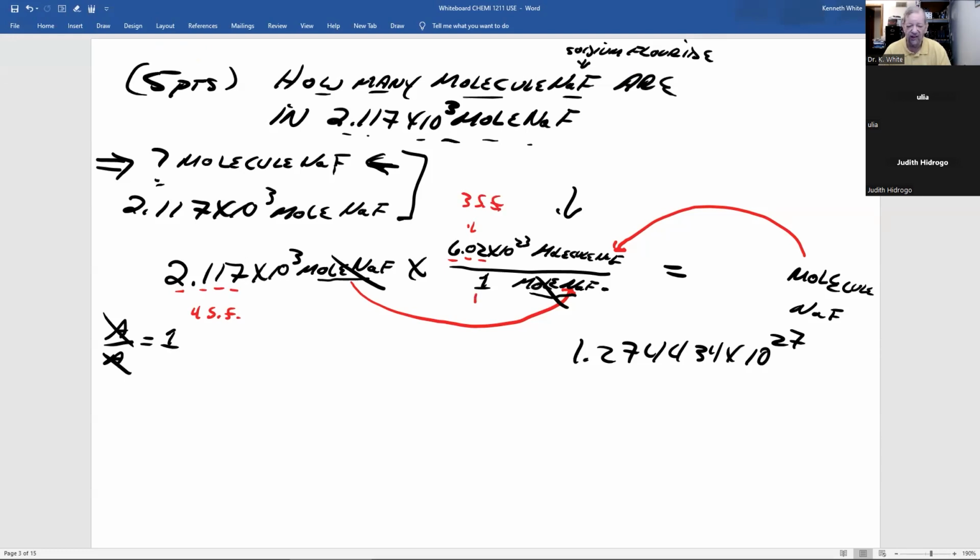The 1 is an exact number, part of the definition, 1 mole, and that doesn't play a role in determining significant figures. So our answer should have the same number of significant figures as the number you're multiplying or dividing that has the fewest. Well, you've got two choices, 4 or 3. Which is the lower number? Hopefully you pick 3. So now we have to round this off to 3 significant figures.